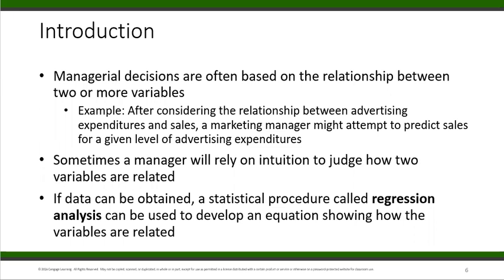So we need to forecast a variable that is going to happen in the future. One way to do that forecast would be to use the regression analysis, which is a statistical procedure for developing an equation that connects the variable of interest, which we also call dependent variable, whatever we want to predict, whatever that we are interested to know.